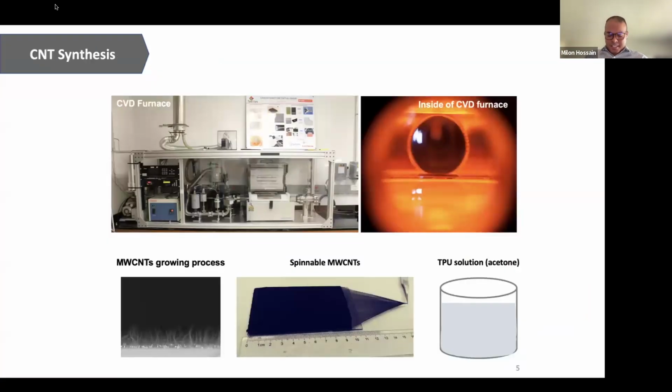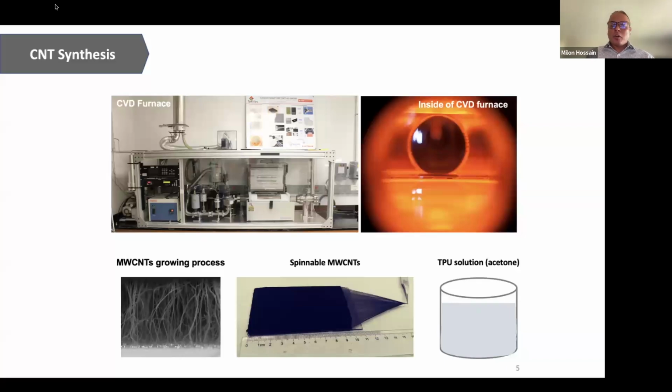It was synthesized using chemical vapor deposition. You can see the furnace. Basically, a gas, methane or acetylene, is decomposed at 760 degrees Celsius, and the individual atoms are dropped on a substrate. The carbon nanotube grows one layer after another, and becomes around 1 millimeter tall.